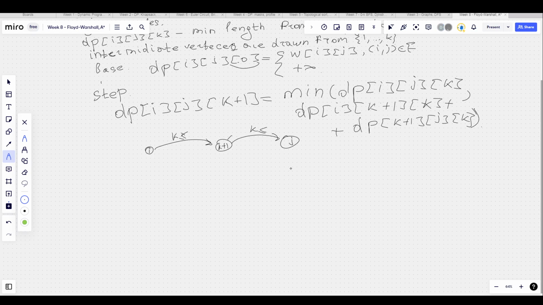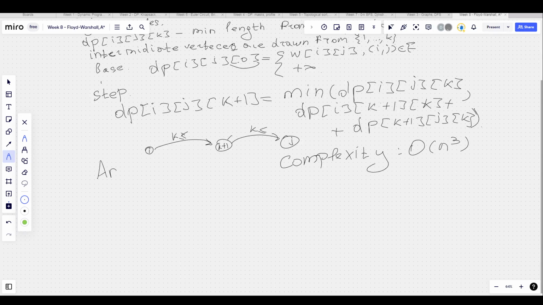So the complexity will be O(n) cubed, if n is the count of vertices. Then the memory.